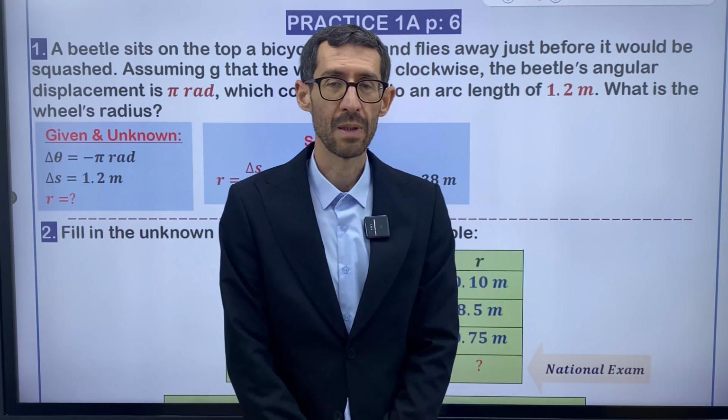A, delta theta, right? Just write the rule and substitute the numbers. That's it. It doesn't need any conversion. 0.25 divided by 0.1 becomes 2.5 rad. B, delta S. Rearrange the same equation.